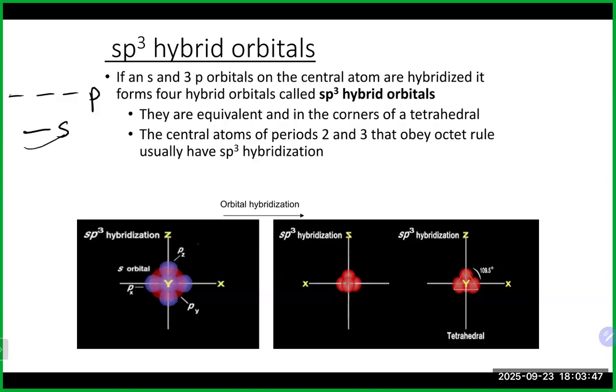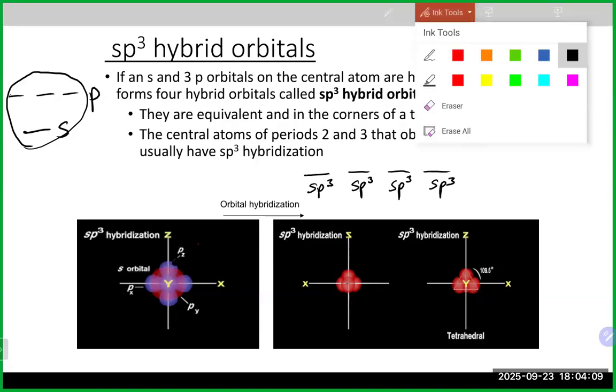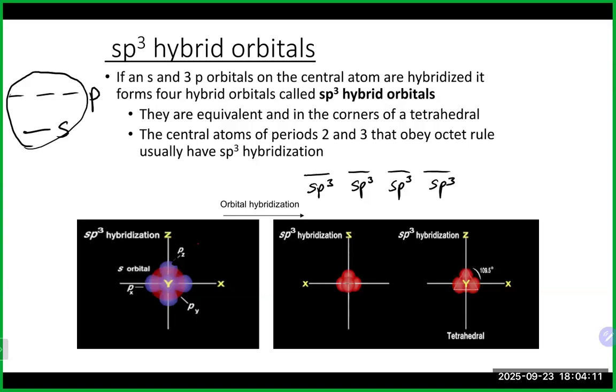And we're basically just going to grab them all. And because we took 4 atomic orbitals, we will create 4 hybrid orbitals that are sp3. Again, each of them same shape, each of them same energy.